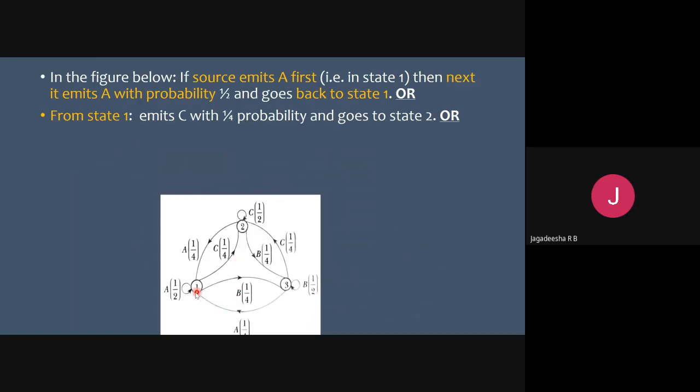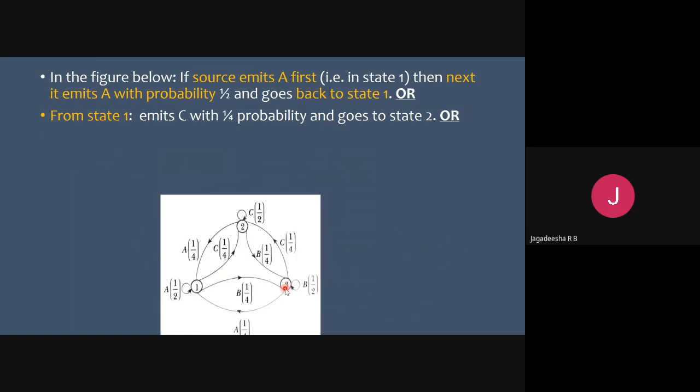You can see here, this is an outgoing arrow from 1, and the symbol generated will be C, and the next state will be 2. Similarly, you see the outgoing arrows from state 1. Where is the outgoing arrow? Here, right? This is the symbol B emitted with the probability of 1 by 4. And if it emits B, then it would be reaching the third state.